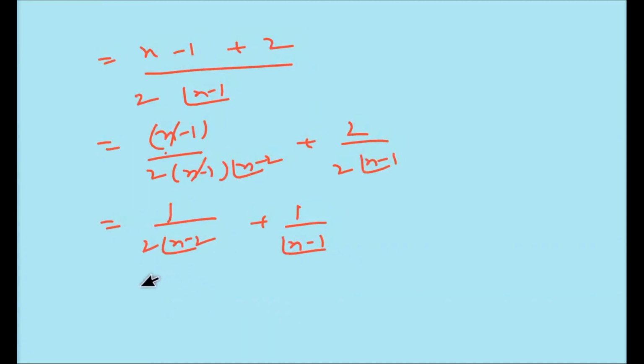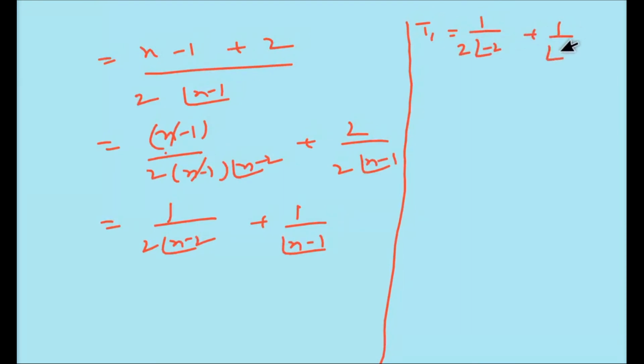Okay, now what we get here, Tn. Now putting T1, T2, T3 column wise, what we get here. T1, putting n equal to 1, we get 1 upon 2 times factorial minus 1, which is 0, and here we also get 0, putting n equal to 1, 1 minus 1, 0.